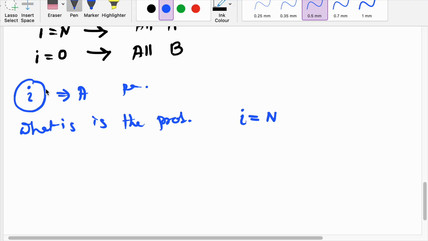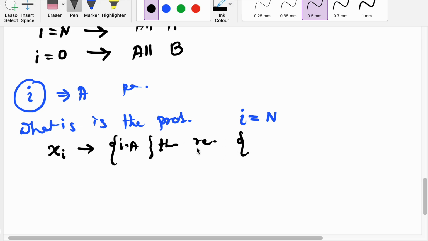That means from a random I state, it will reach the all A state. What is the probability of that? So let's see. Suppose that probability is xi. Xi is the probability that if in the population I A type individuals are there, in the long run they will reach the absorbing state corresponding to I equal to n.